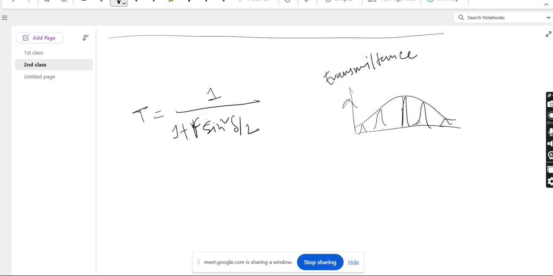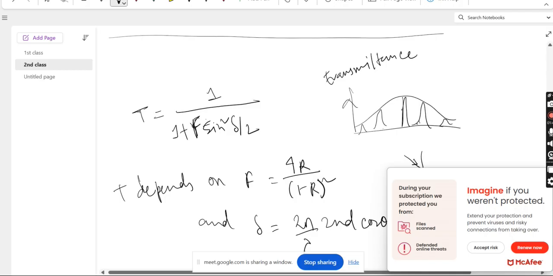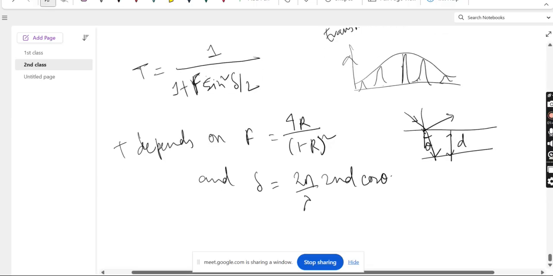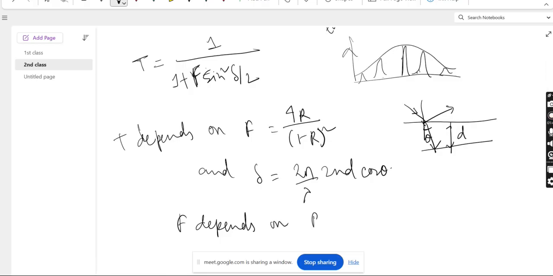From this equation we can see that it depends on theta, the contact angle.